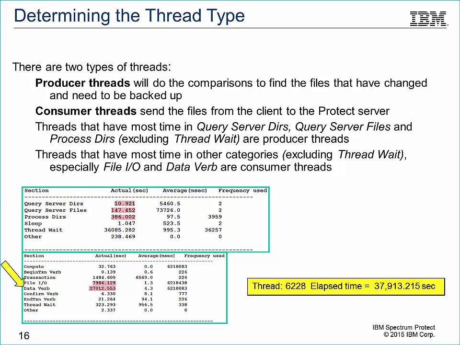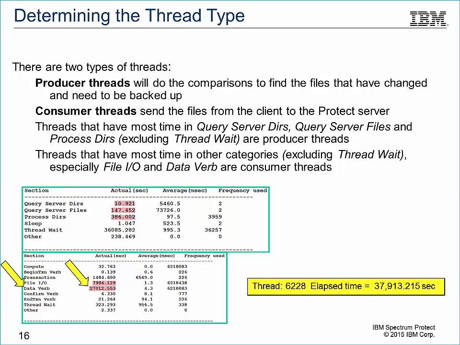This represents the specific category where data is sent to the server during the backup or received from the server during a restore. By the way, instrumentation also works with archive and retrieve, but for the sake of brevity, I'm just using the terms backup and restore. We can see here that this Data Verb took 27,000 seconds. And we're looking at Data Verb because it clearly had the most amount of time charged to it.